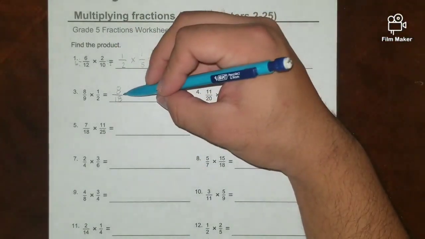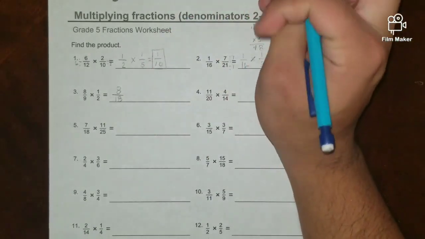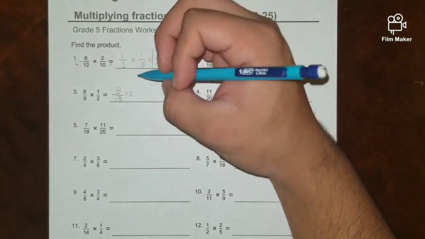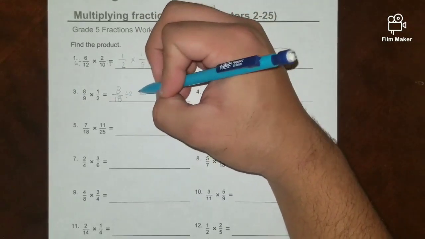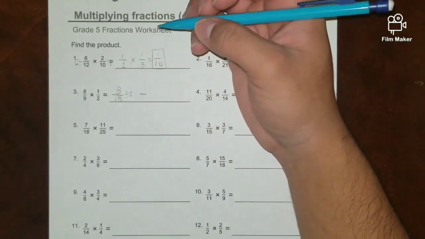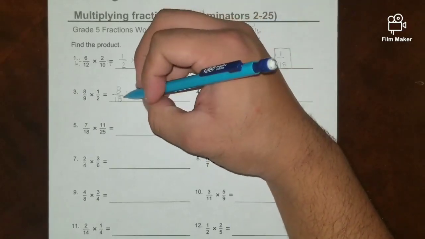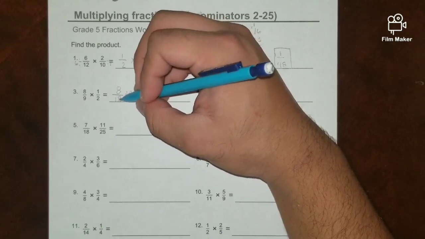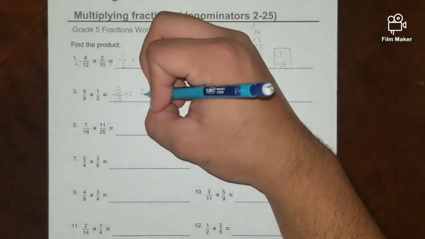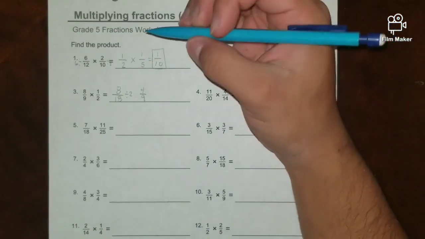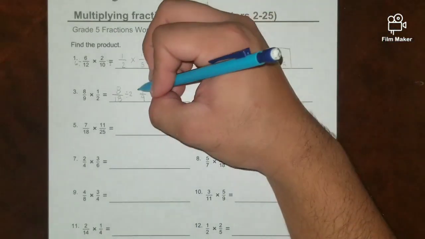And since both of these numbers are even, we can take out a 2 from each one. If we took 2 from 8, that would give us 4. And if we took 18 divided by 2, that would give us 9. And that would be our final answer, 4 over 9.